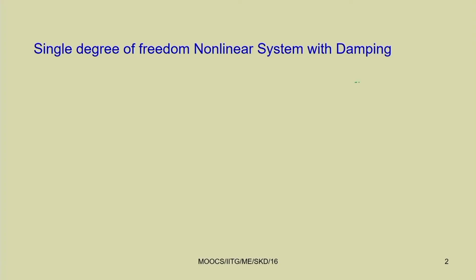So, we are familiar with systems with a damper, for example, the spring mass damper system. In case of a linear spring mass damper system, we know by using different methods the equation of motion can be written.